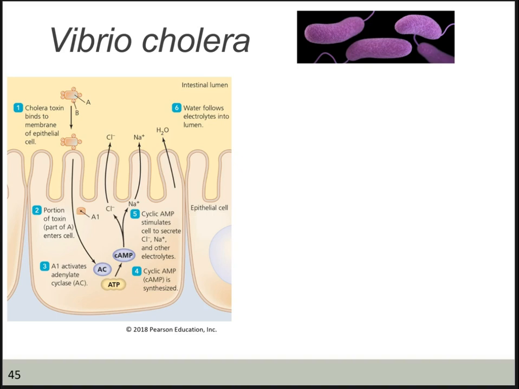Vibrio cholera has this very characteristic comma shape to the bacteria. You can see that it's slightly curved. It has flagella that allow it to get close to the intestinal walls, the intestinal cells.